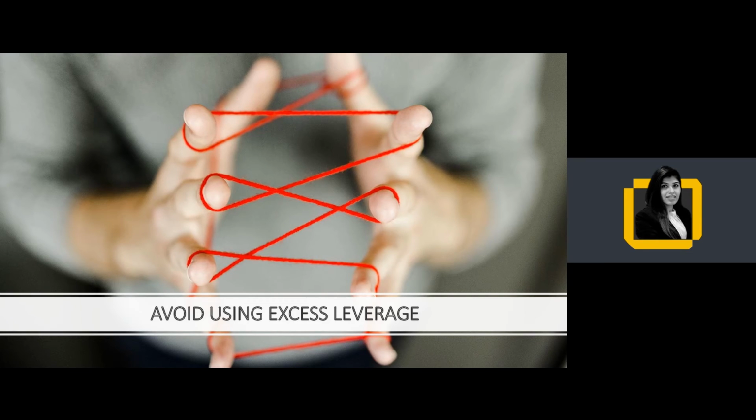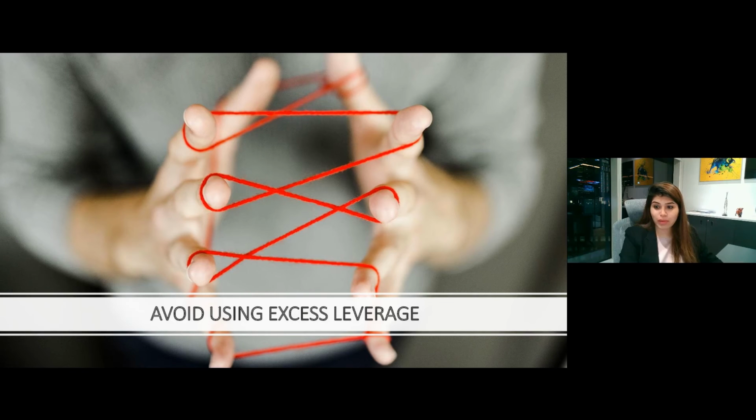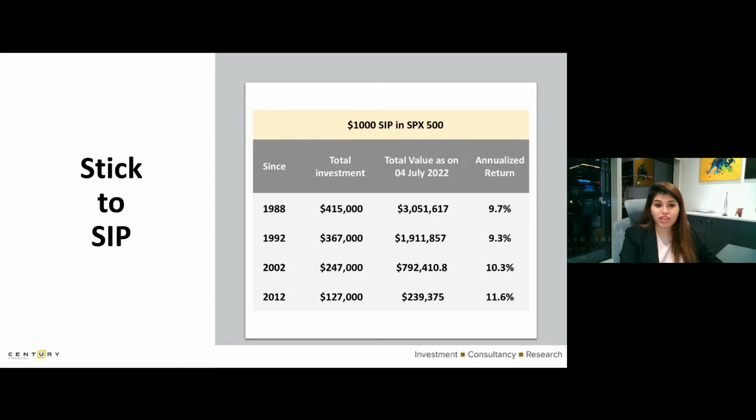So yes, our numbers are really divided, but for all those of you who actually clicked 3 million were bang on. SPX 500, if you invested from 1988, your portfolio value would have actually grown up to $3 million.